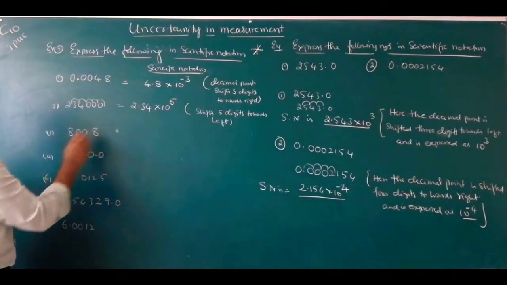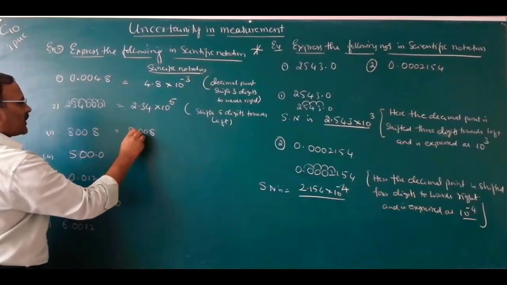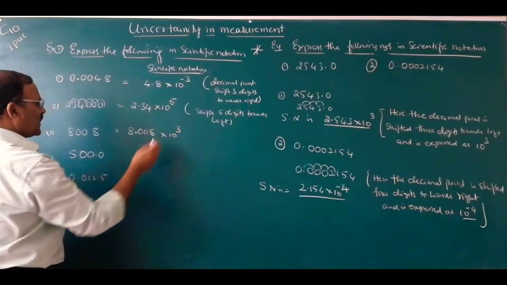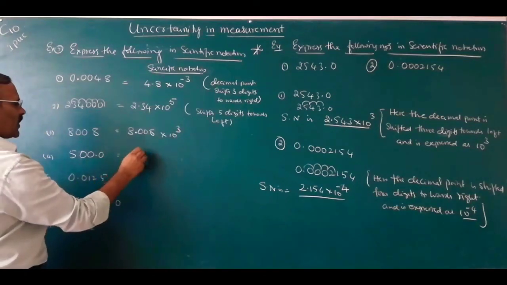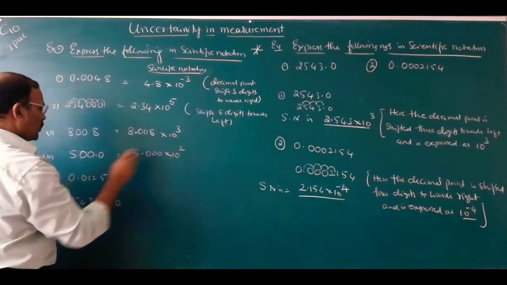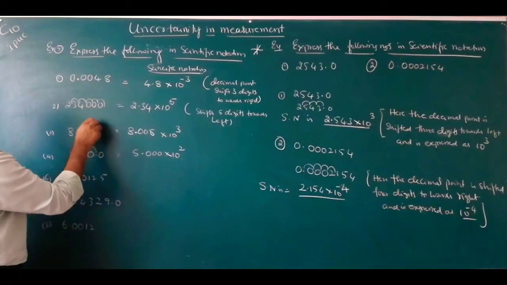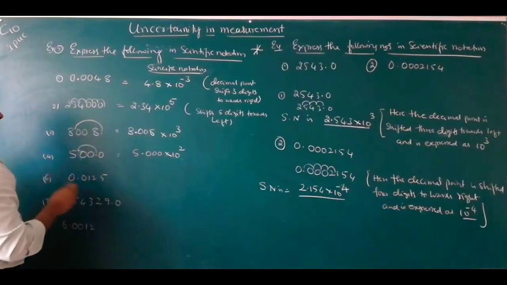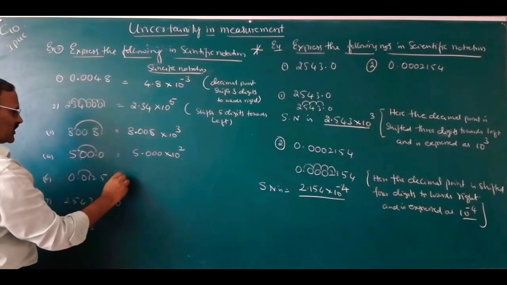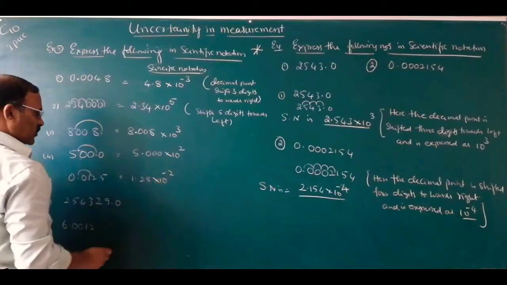So what is this one here? 8.008 into 10 to the power of 3. This equals 5.000 into 10 to the power of 2. So shifted 2 places. Here shifted 3 places. Here 1.25 into 10 to the power of -2.